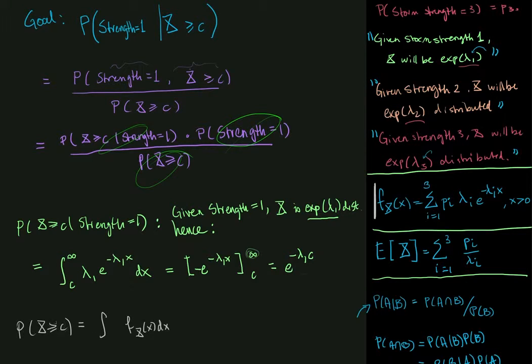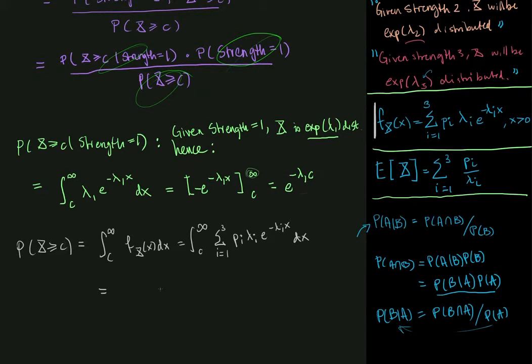So that is c to infinity here. And when I plug in the expression for the density, it's a sum from 1 to 3 of pi lambda i e to the minus lambda i x dx.